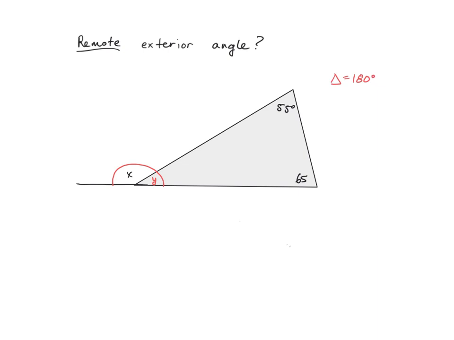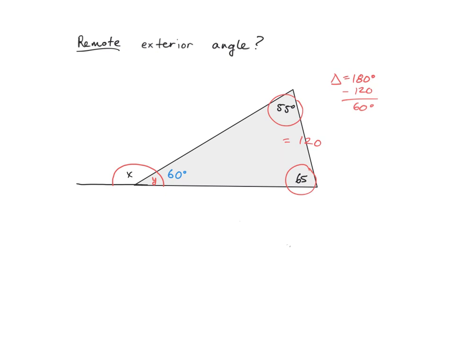So let's take it the long way this time around, and we'll go 55 plus 65, and we end up with 120 there. If these two angles together equal 120, then I can subtract that from 180, and I get 60 degrees here, meaning that Y is equal to 60 degrees.